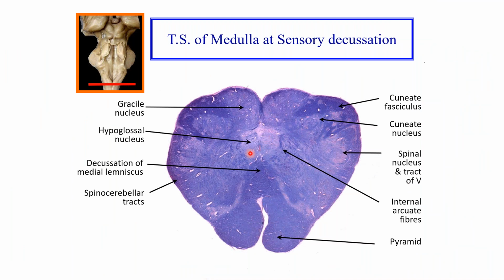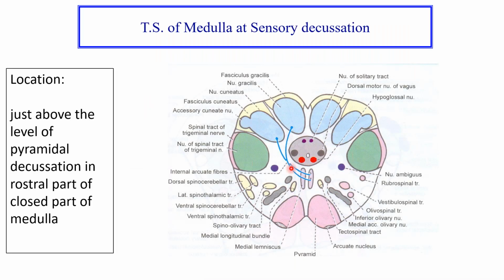This is how it will appear histologically: the cuneate and gracile nuclei appear more prominent at this level, because as you go above, these nuclei become more prominent. You can see the fasciculus area has shortened and the nuclei are becoming more prominent at the level of sensory decussation.